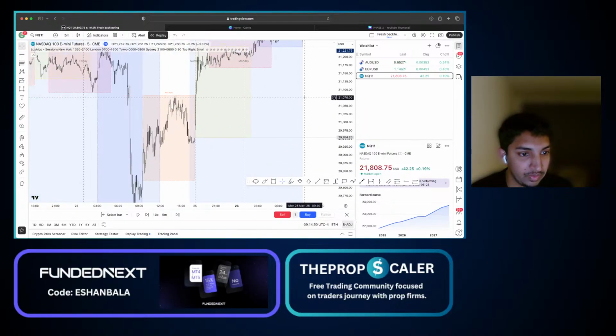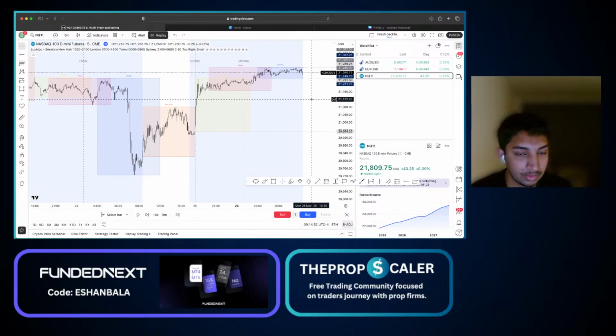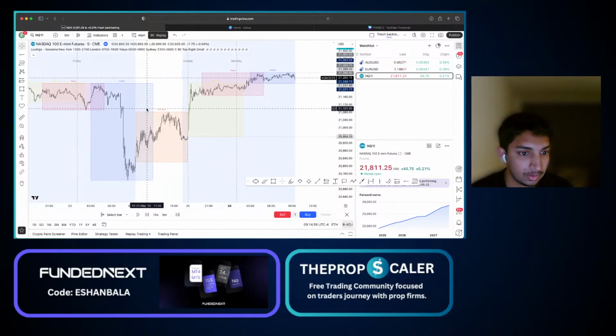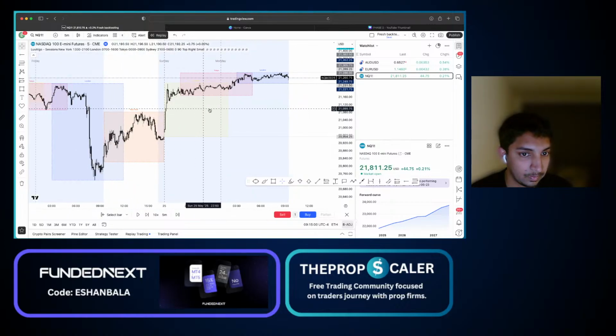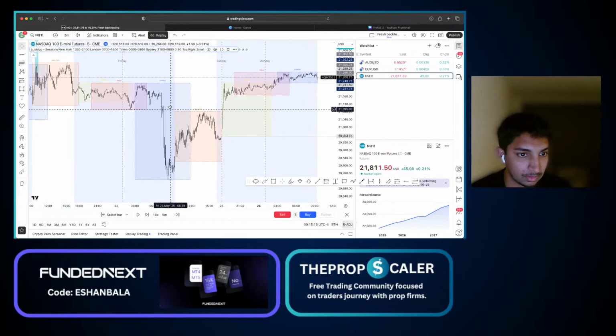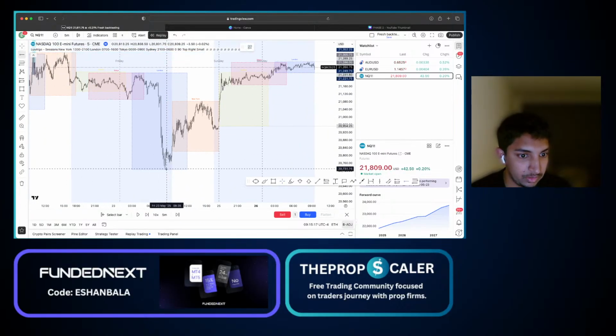And then the previous day low, which would be this area over here.